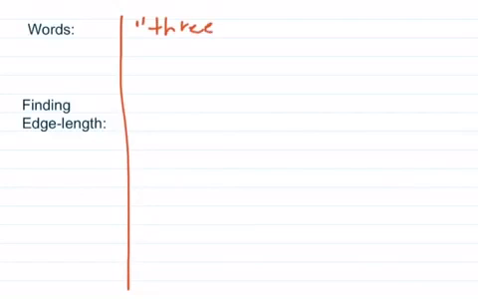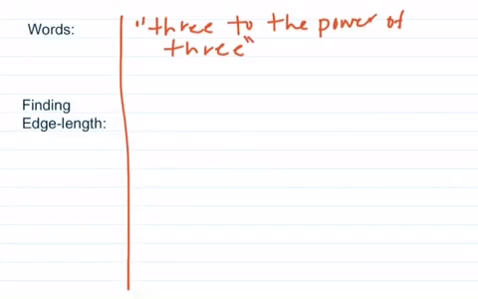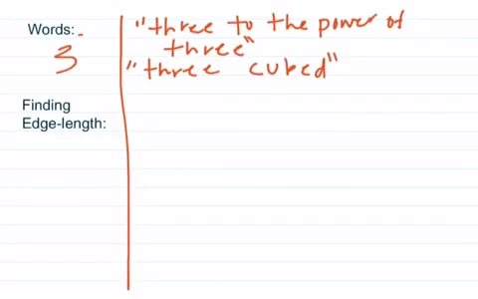To say that in words, we can say 3 to the power of 3, or you can say 3 cubed. So that's your verbal description of 3 cubed, or 3 to the power of 3. So that's how to find volume.